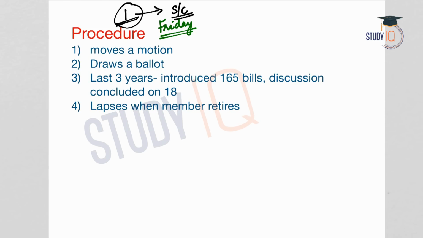In case of Lok Sabha it is a speaker, in case of Rajya Sabha it is a chairman. After it is admitted, it will be listed on a scheduled Friday, and on the scheduled Friday the private member will move a motion for the introduction of the bill.